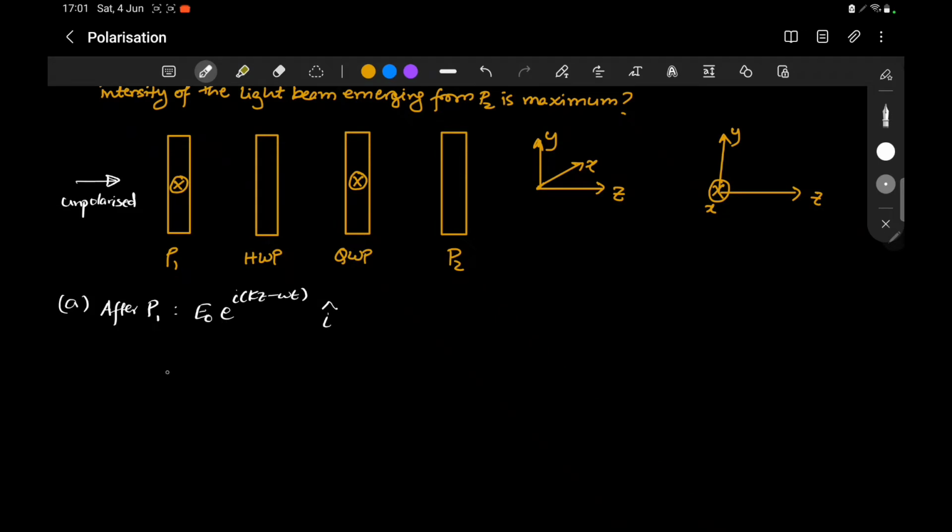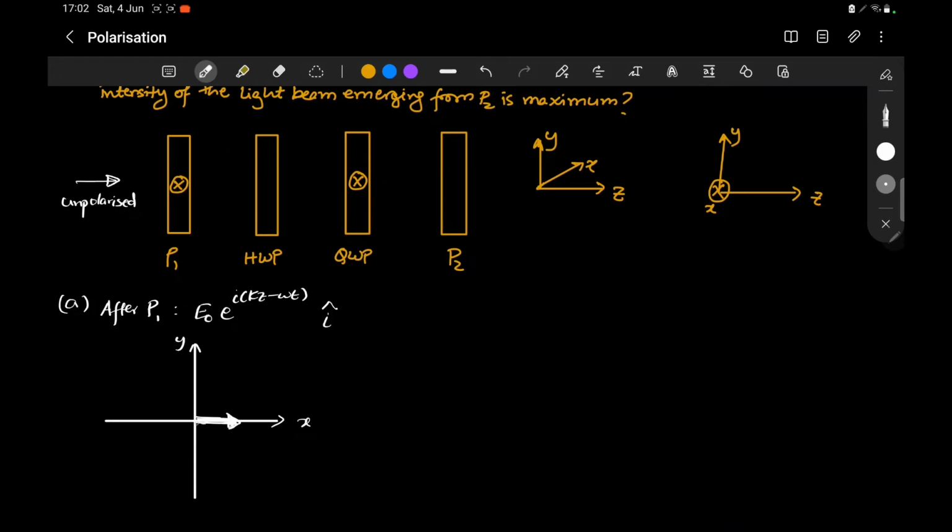But before that, let us draw a 2D diagram, the axis of the half wave plate. So let us say we have the x-axis, this is the y-axis, this also happens to be the transmission axis of the polarizer.